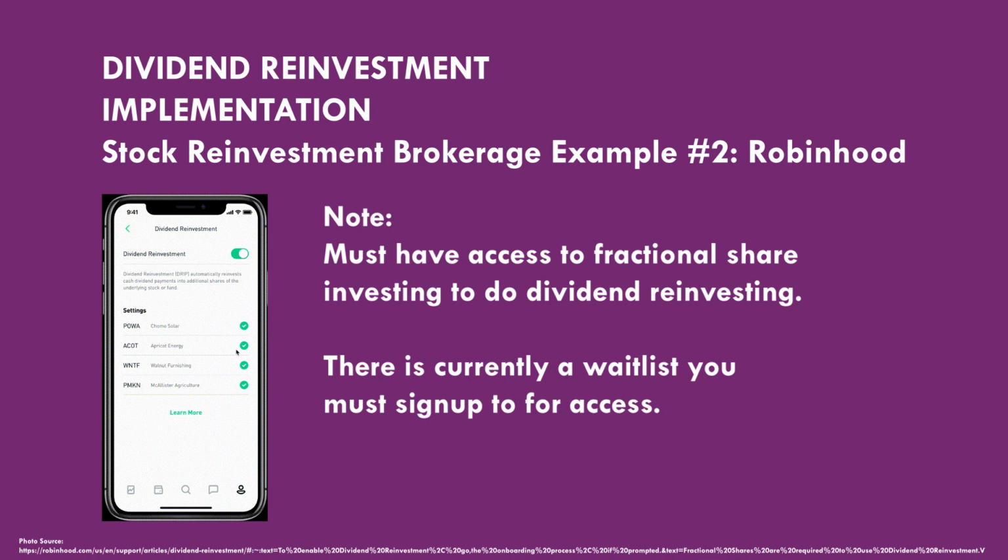Robinhood allows you to do the same type of dividend reinvesting. The way you get there is through the My Account feature as well. One thing to note though is that dividend reinvesting isn't available if you don't have fractional shares on your account. That's because dividends, when they get reinvested back into the portfolio, are buying fractional shares.